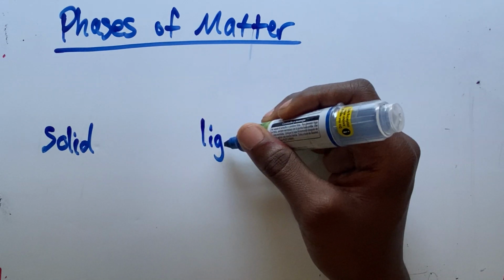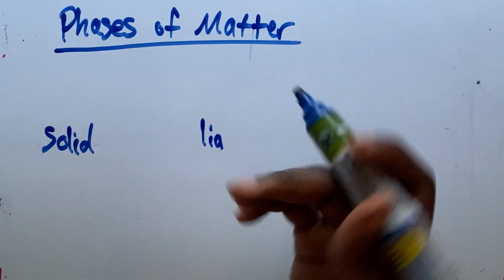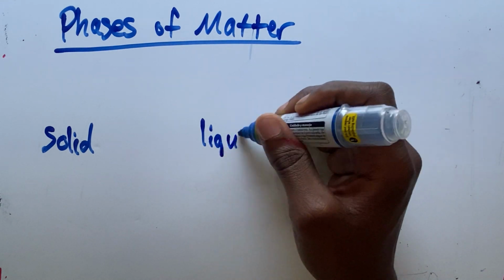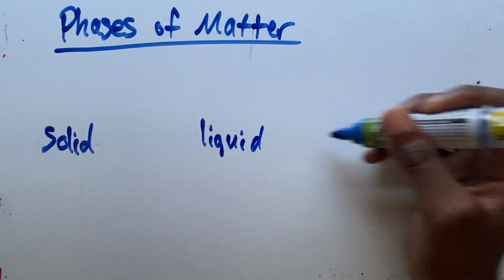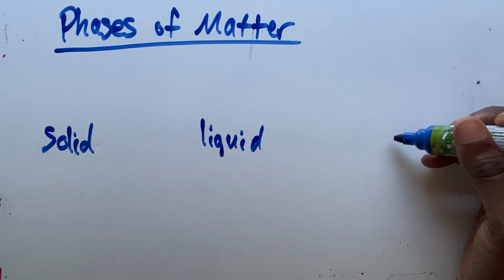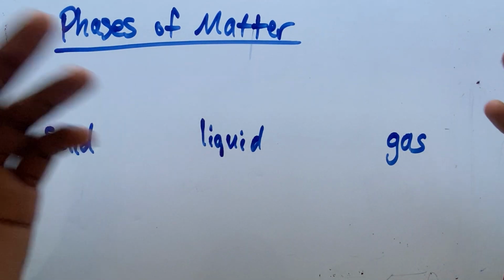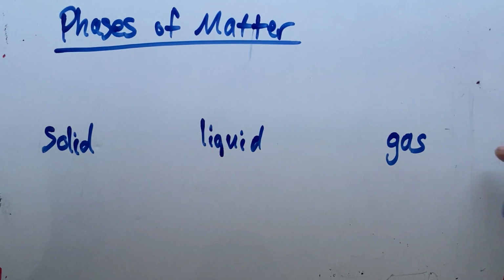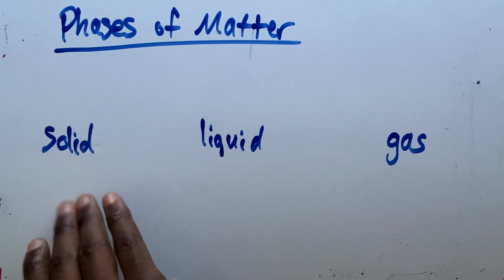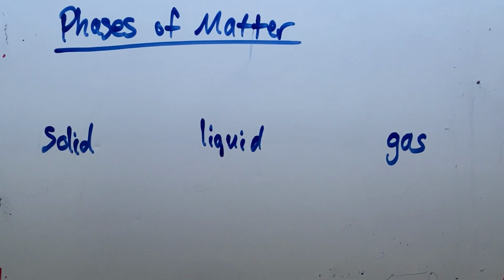There's liquid, which would be water itself. And then there's gas, which would be water vapor or steam. There's also a fourth state of matter, plasma, which comes after gas, but it's not in the scope of this class. So we're just going to be looking at these three: solid, liquid, and gas, or ice, water, and water vapor.